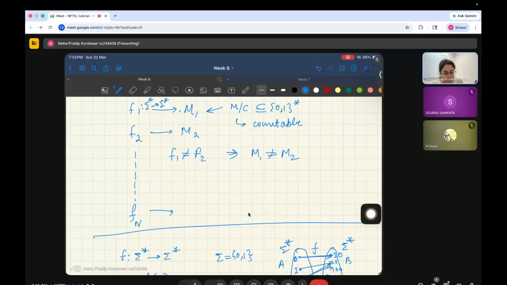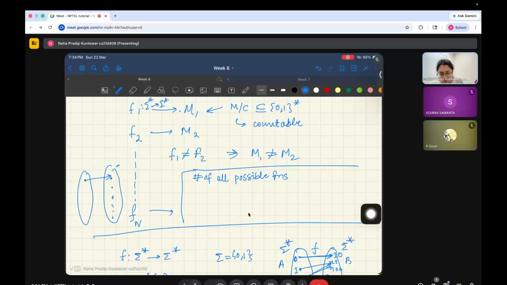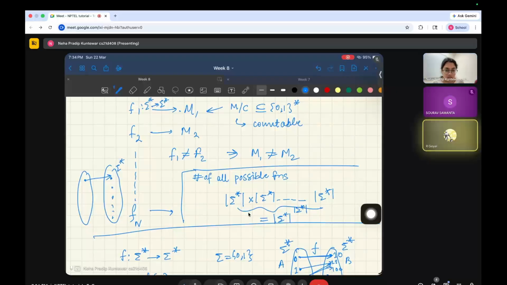Whereas if you look at the set of all possible functions, then for every element here you have sigma star many choices, and this will happen for each element. So this will happen sigma star many times. So this is nothing but sigma star to the sigma star, which is uncountable.